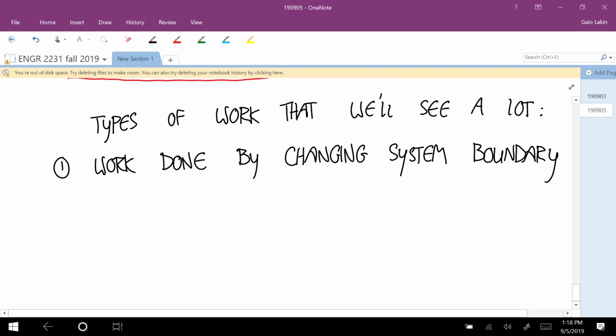So I'm going to give you the results, and then I'm going to show mathematically how it comes about in sort of a limited case, but it gives you a sense of why this works. The work, when the boundary changes, is equal to the integral from the starting volume to the ending volume of the pressure of the system, dV.